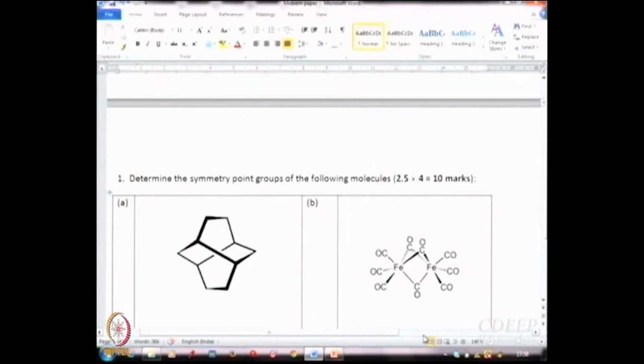Do we have perpendicular C2 axis? Where are they? Passing through? Two carbons, I'll join two carbons, then I'll get a C2, is that right? Then? So I can draw infinite number of lines through bridging carbons.